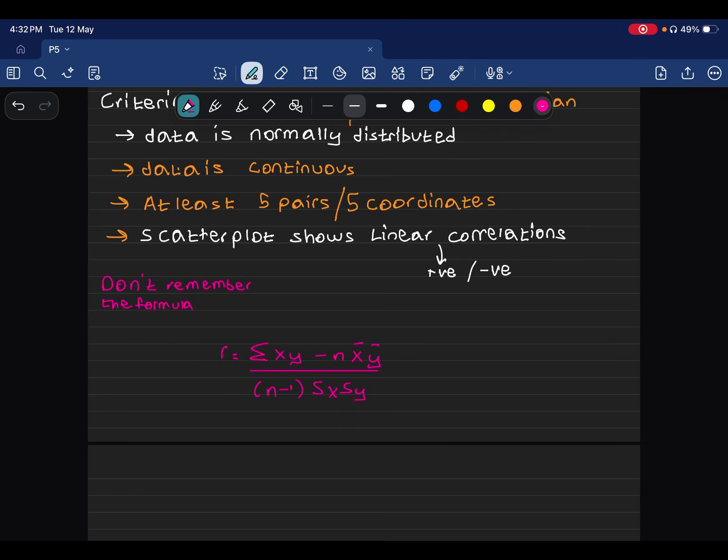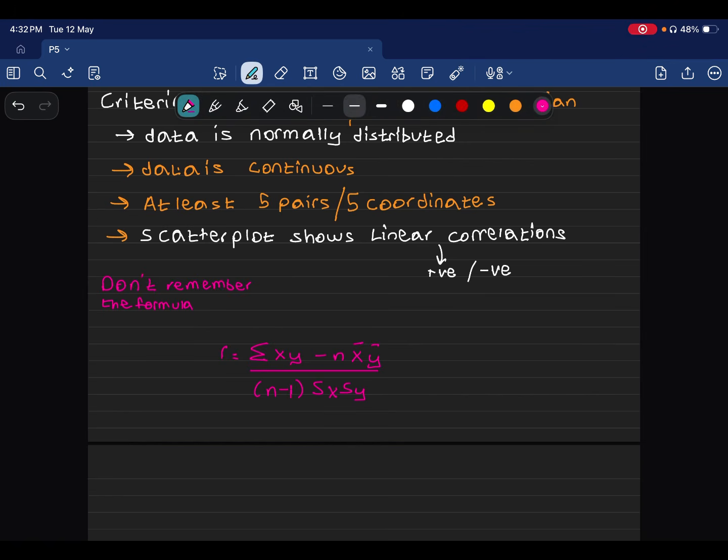All right, let's read this formula together. Sigma xy, this symbol means sigma, which basically means total. Sigma xy minus n times the mean of x times the mean of y, divided by n minus 1. The 1 was a bit small.